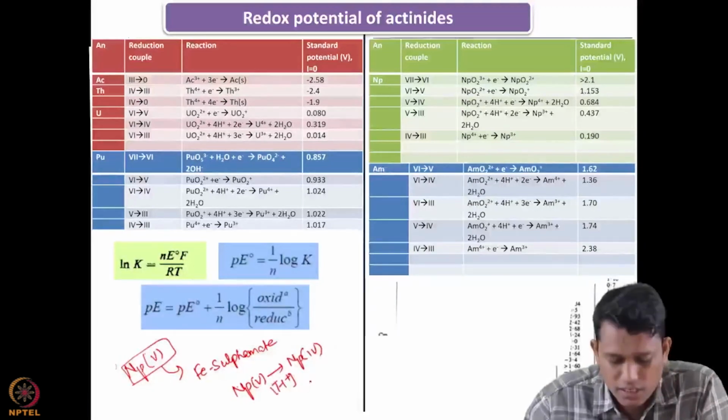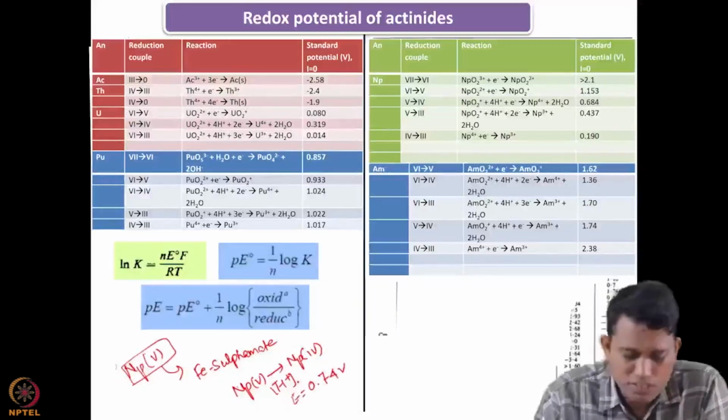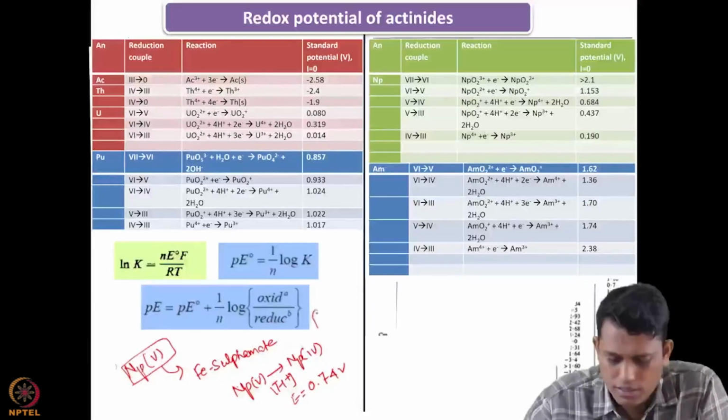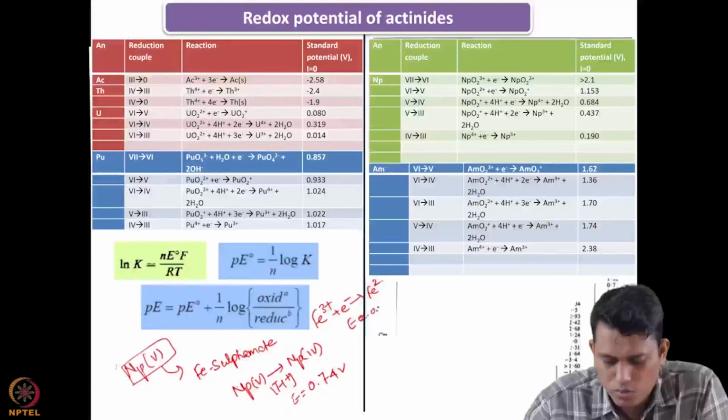In the presence of acid, it is roughly 0.74. And if you see the iron couple, it is from iron 3+ plus electron to iron 2+. This is 0.7.